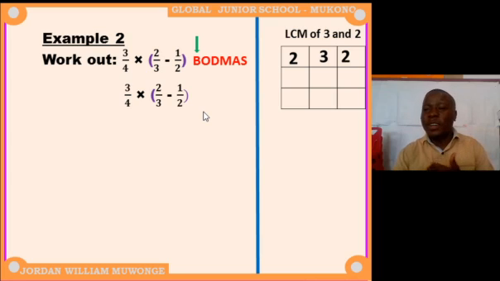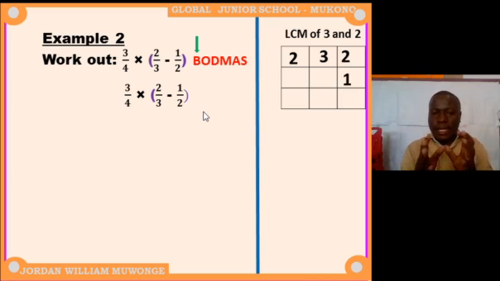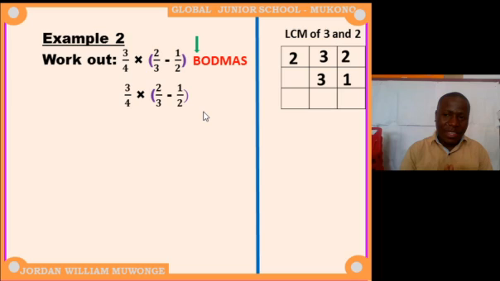Therefore, 2 divided by 2, what do you get? You get 1. What about 3 divided by 2? Remember, 3 is not exactly divisible by 2. Therefore, in such a situation, we maintain 3.